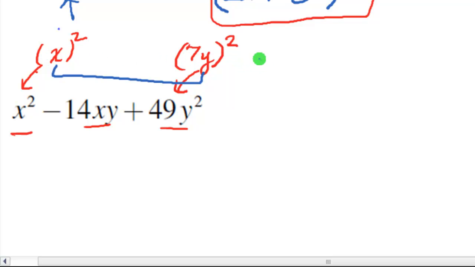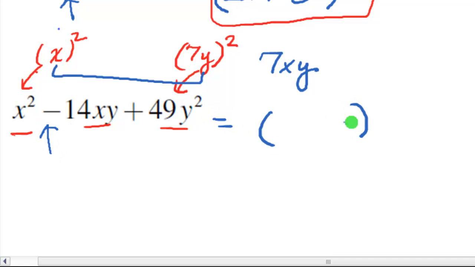X times 7y is 7xy. Remember, we can always rearrange the variables when we're multiplying like that. And then we need to make sure that our middle term is twice this, which it is, right? Twice 7 is 14. This time we have a negative, so we are going to factor with a minus in between, and this is going to be a perfect square, x minus 7y, all squared. So here's our final answer.